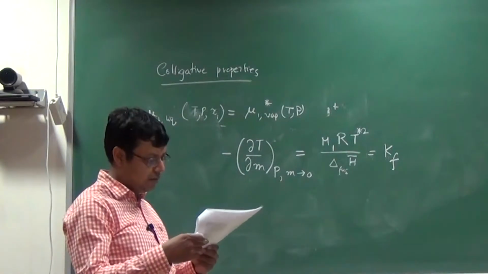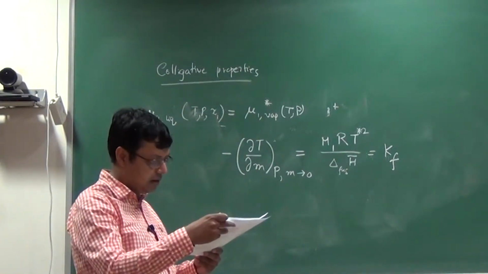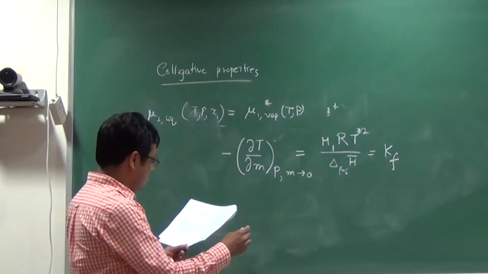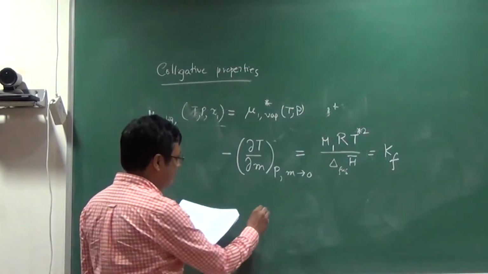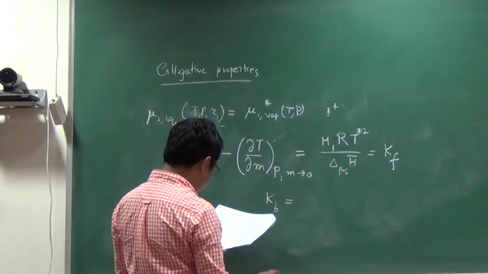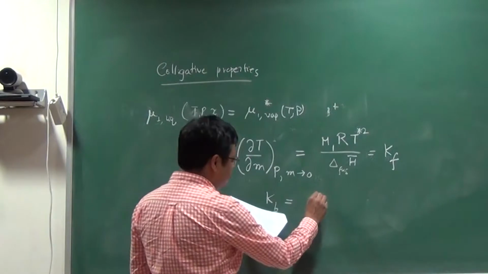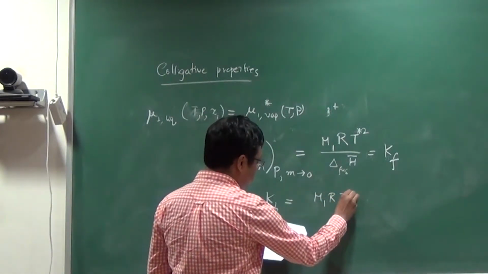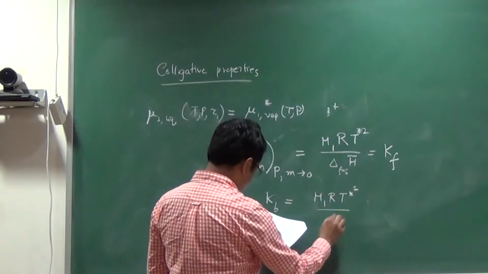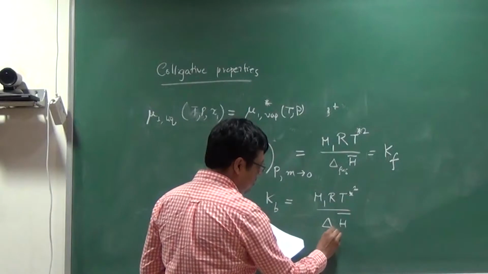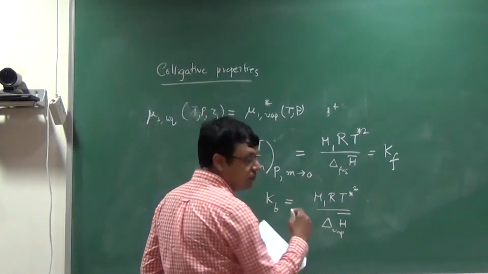So finally, I can also define a similar thing here for the elevation of boiling point. And we have a very similar thing here. So we call it the boiling point elevation constant, but we just write it as M1 T star square divided by delta H bar, but this is the vaporization.